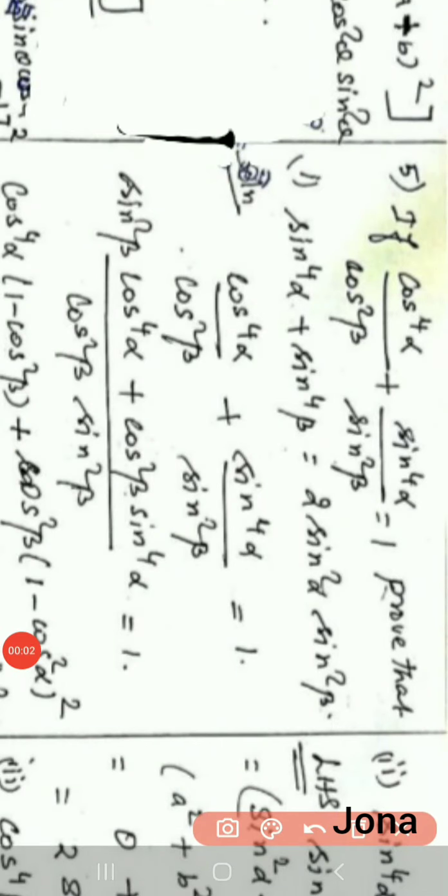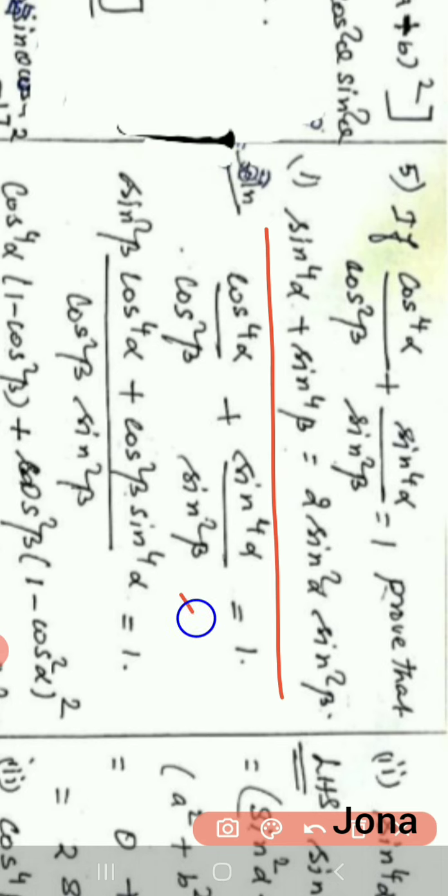Fifth sum, if cos power 4 alpha by cos square beta plus sin power 4 alpha by sin square beta equal to 1, prove that sin power 4 alpha plus sin power 4 beta equal to 2 sin square alpha sin square beta. Here it's given cos power 4 alpha by cos square beta plus sin power 4 alpha by sin square beta equal to 1.